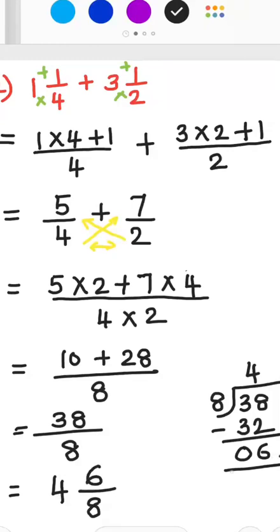So this particular remainder goes in the numerator, whereas the quotient goes over here. So I hope you have followed how to add the mixed fractions with different denominators.